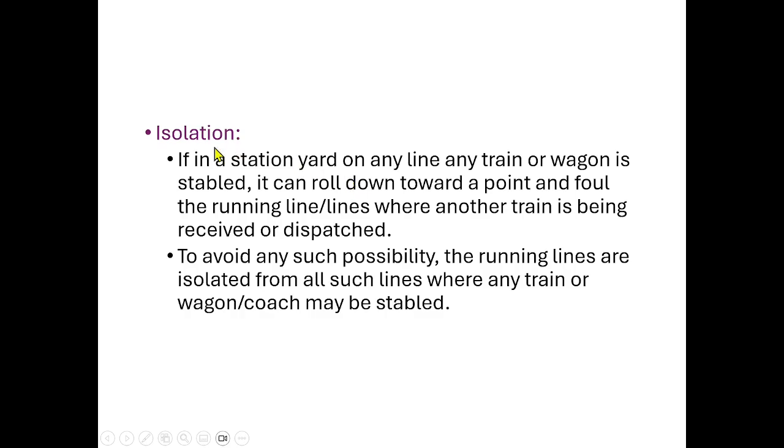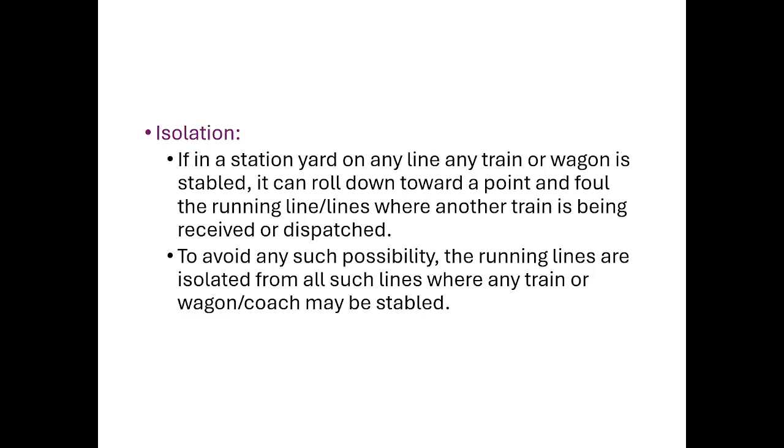Then coming to the isolation in the station yard, we need some isolation for the purpose of safety. In case of main line movement, whatever vehicle is stabled in the turnout or loop lines should not by mistake enter the main line and get infringed, resulting in major consequences.